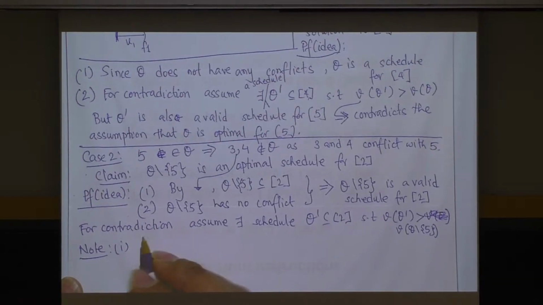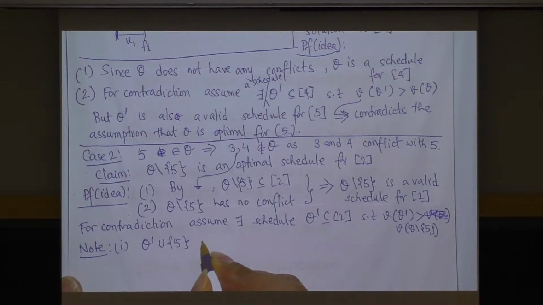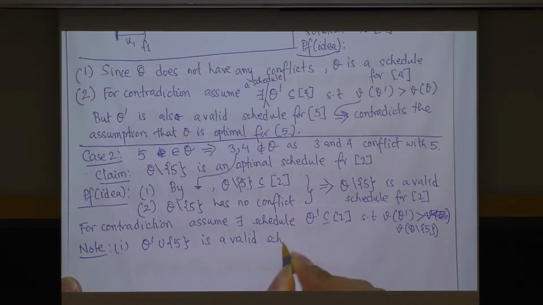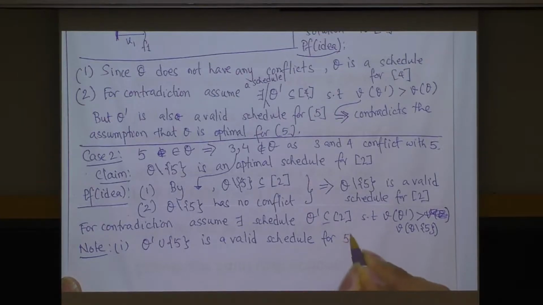The first thing is that if you add 5 to O prime, then this is a valid schedule for all the inputs.